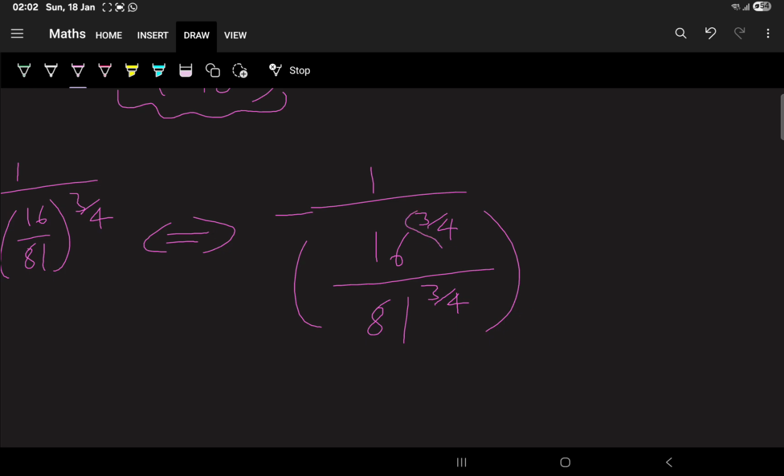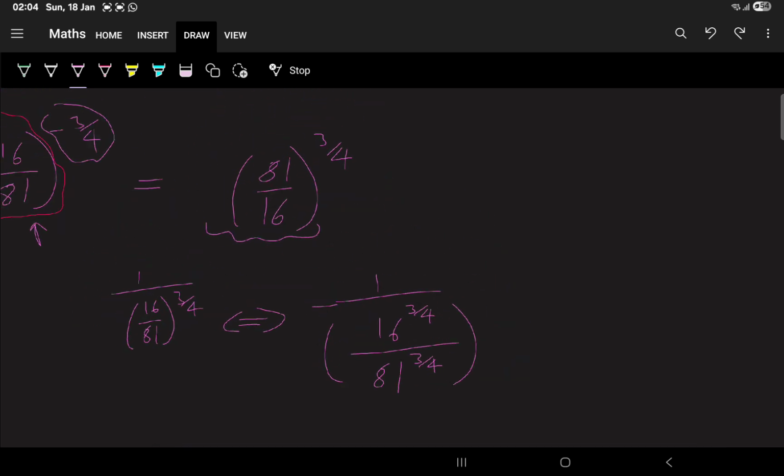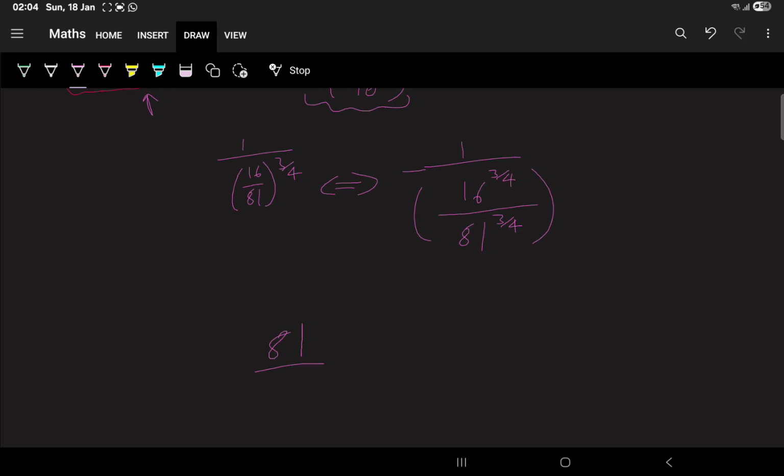Now because they have the same index, this expression will simplify to this. So this 3 over 4 here is distributing to both 16 as an index and 81 as an index. And this is how we came about 81 over 16 raised to the power of 3 over 4.